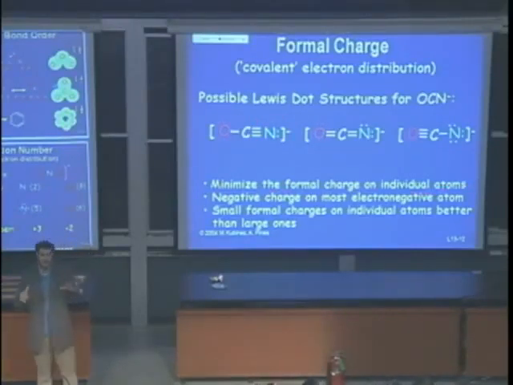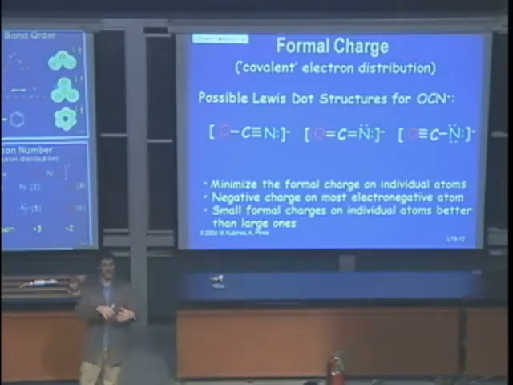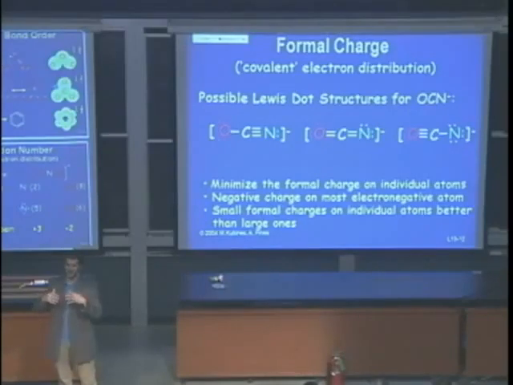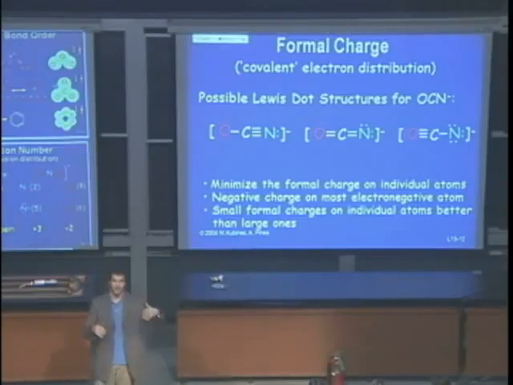We want as many of them to be 0 as possible. 2, we want the negative charge to be on the most electronegative atom. And that's because the most electronegative atom is the one that wants the electrons in the bond the most, so it's going to be the most stable, carrying that negative charge. And finally, we want small formal charges on our individual atoms. That's better than large ones. If we have to have a charge, we'd rather have plus or minus 1 than plus or minus 2.